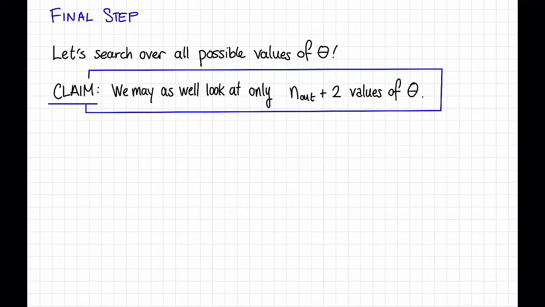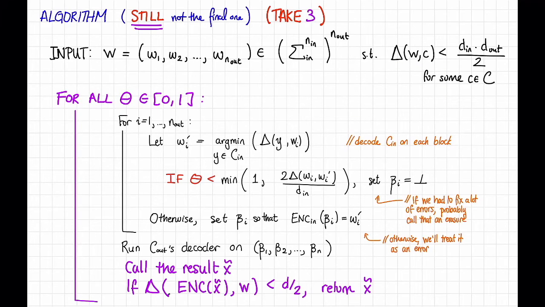Why is this? I'm going to return to that algorithm again and let you look at it, and maybe pause the video for a second and think about why this is true. So here's the algorithm. Why is it that I don't need to look at all possible theta, but instead that I only need to look at n_out plus 2 values of theta?